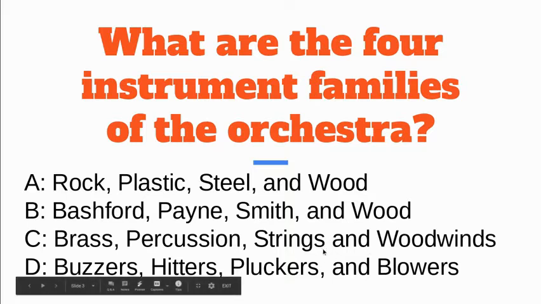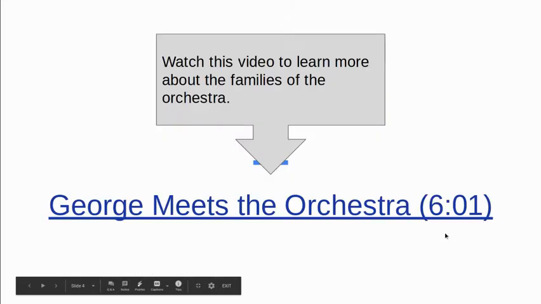Note, I missed a comma right there to be consistent. I should have had a comma there. Anyhow, what is the correct answer? The correct answer is brass, percussion, strings, and woodwinds.